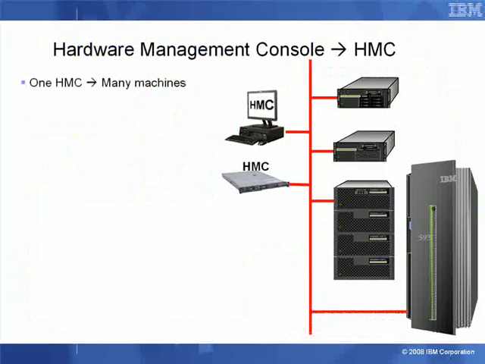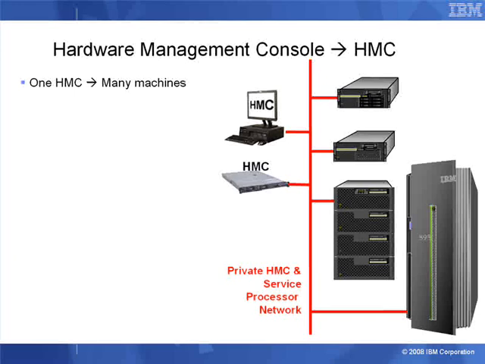In physical terms, it's either a desktop PC or an x86 server that you put into a rack. You either log on to the console and use it that way, or from a browser you can get to it and see exactly the same console. It runs a network to the service processors in the back of every single one of the machines. In the larger machines, there's 2 service processors for redundancy.